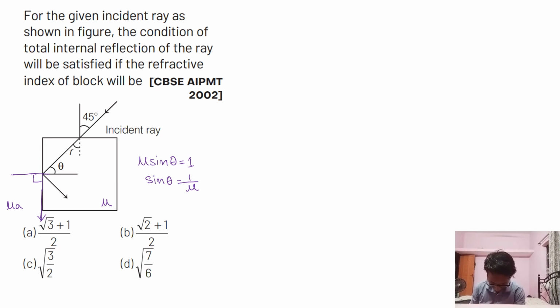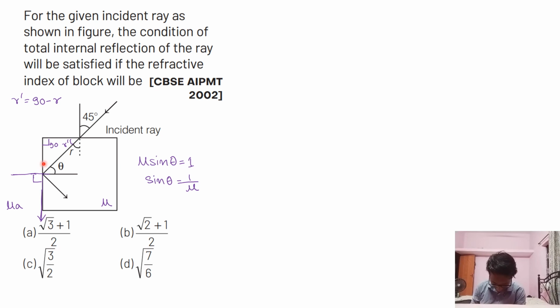Okay, now see, this is r. This angle is 90. This is nothing but 90 minus r, because this angle is 90. 90 minus r is written as r dash. R dash is nothing but 90 minus r. If this is r dash, this is 90.